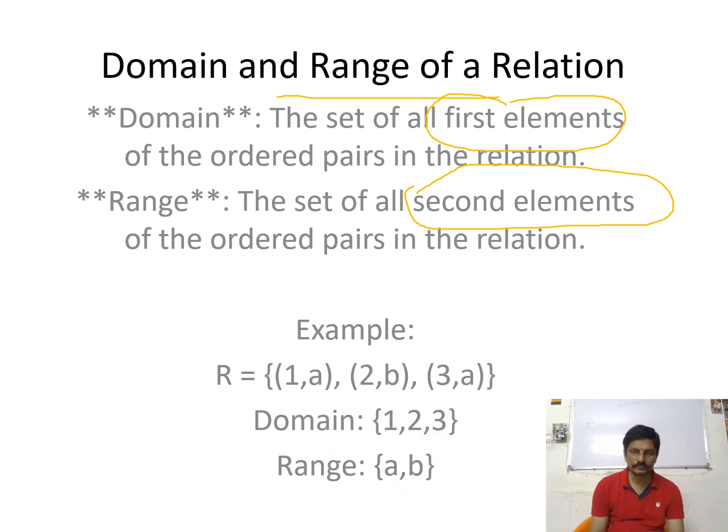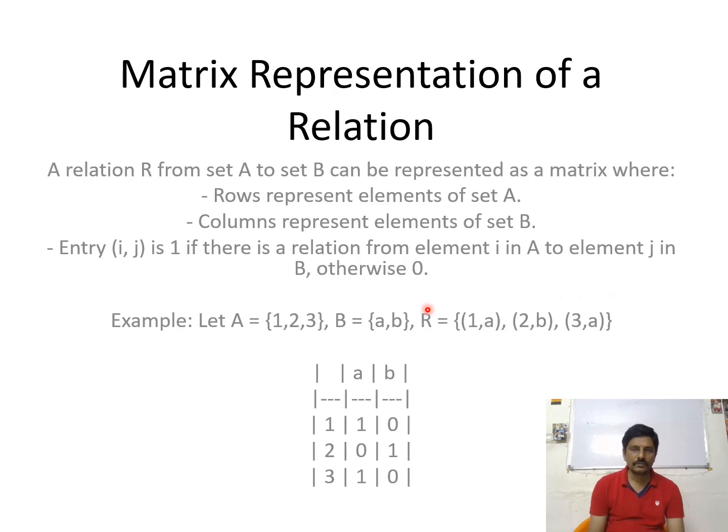Clear? Now we can represent a relation in matrix form. To represent a relation in matrix form, we take first elements as rows, which are 1, 2, 3, and second elements as columns.